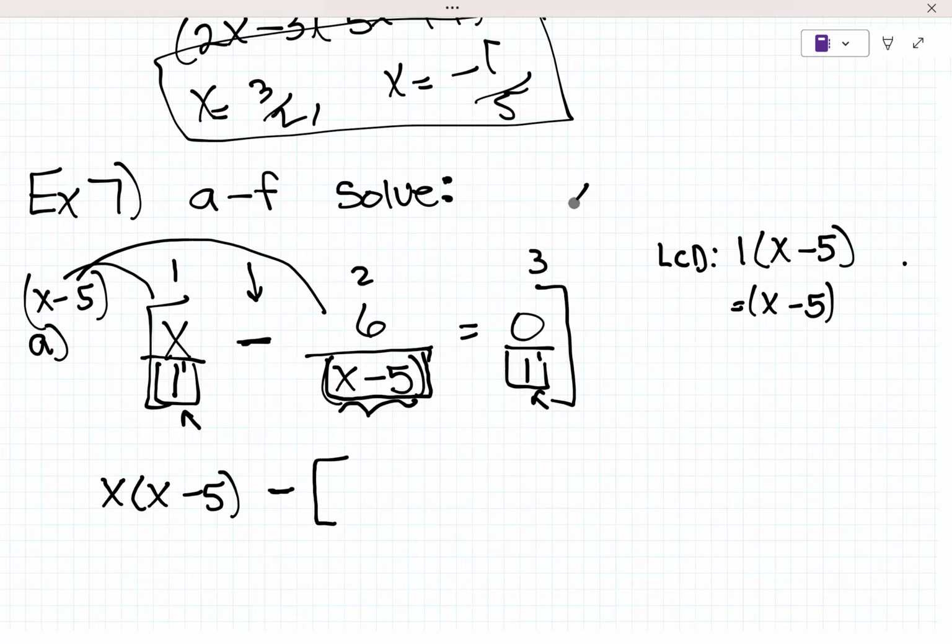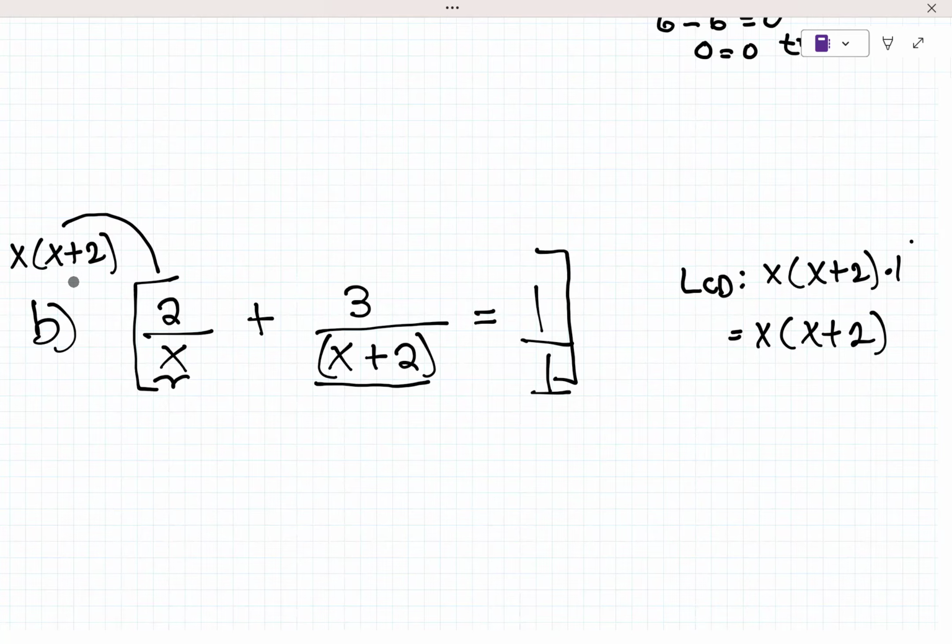So let's start with the furthest left. What is this times this? It can be a bit confusing, but if it confuses you, just write it out. x times x plus 2 times 2 over x. The trick is if there's the same on the top and bottom, cancel. So I see an x on top and an x on the bottom, so they disappear. So now you're left with 2 times x plus 2, right?